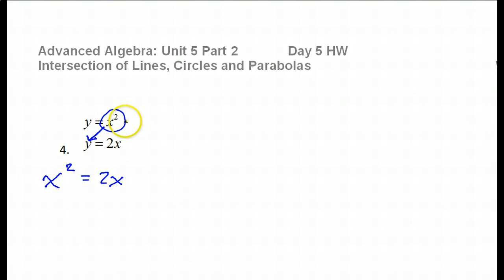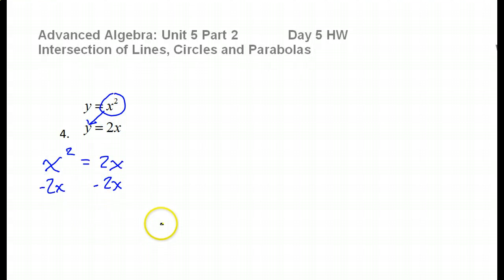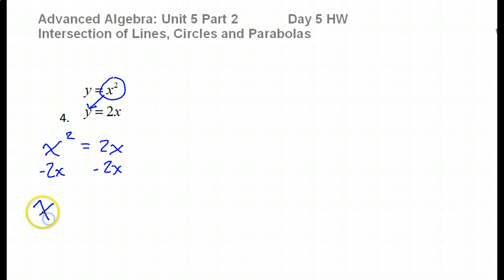Alright, so x squared is equal to 2x. So I just need to solve this. The easiest way to do that is to get everything on one side and factor. So I'll subtract that. So that's going to give me x squared minus 2x is equal to 0.